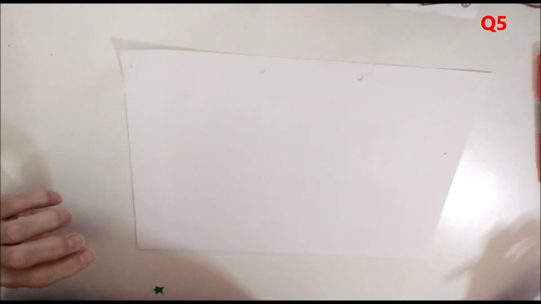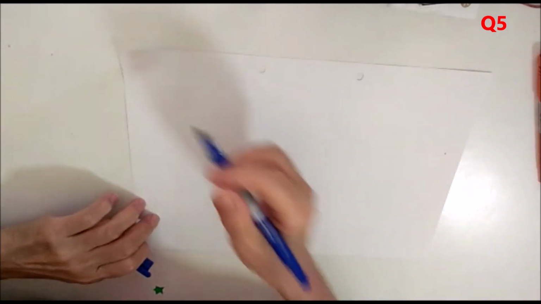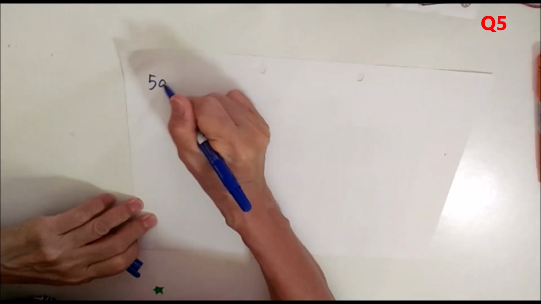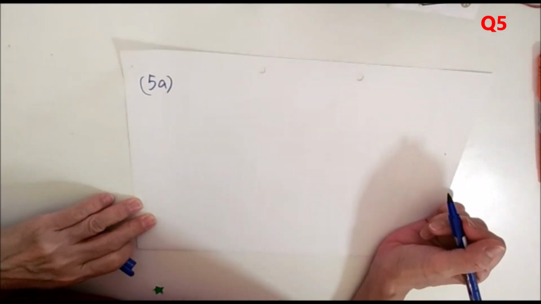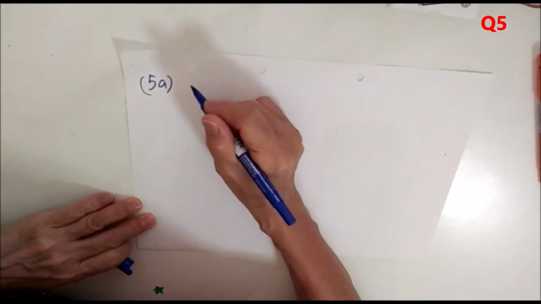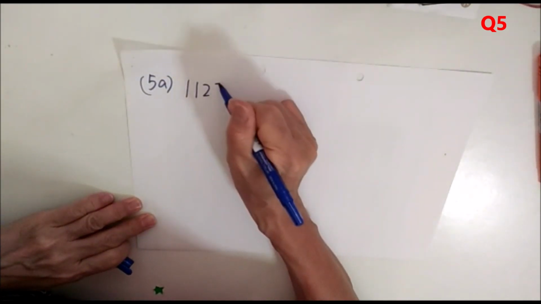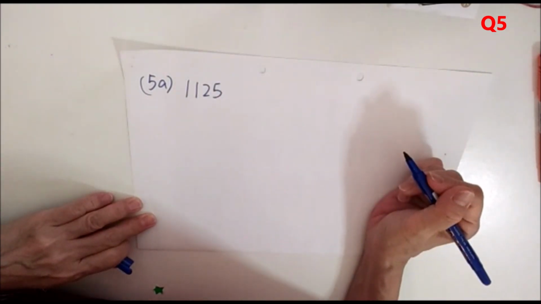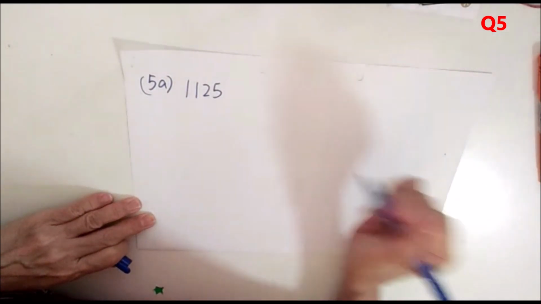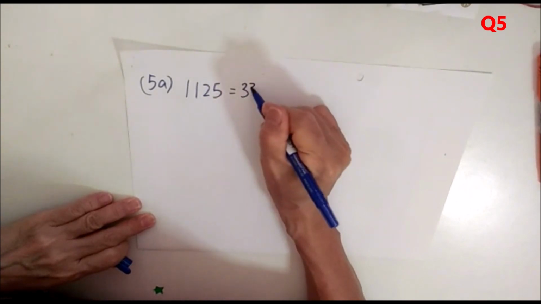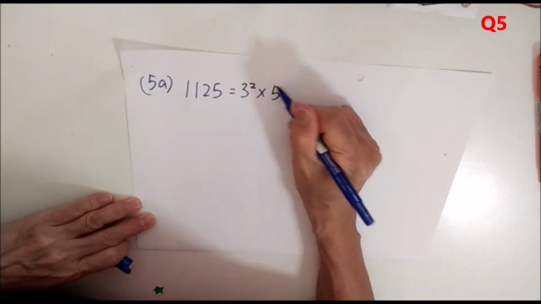Broderick, question 5A. We are given two numbers. The first one is 1125, which can be expressed as a product of its prime factors, 3 squared times 5 cubed.